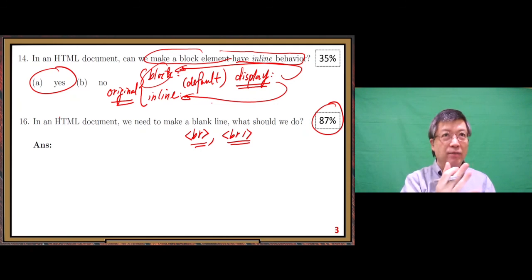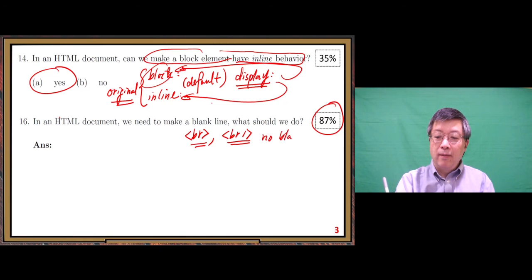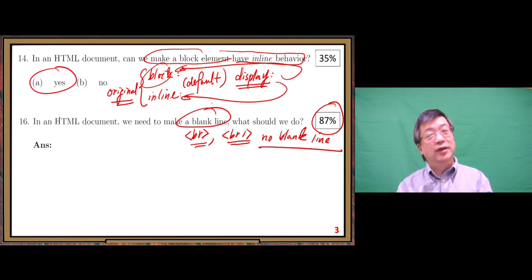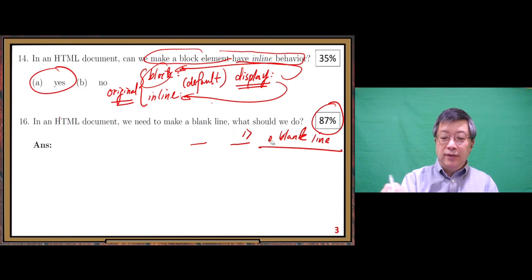So you change line, but there is no blank line. We need a blank line, right? But you didn't give me the blank line. Yes, that's the problem.